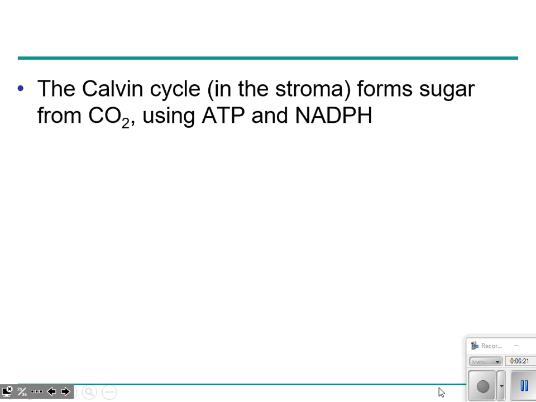Okay. So we know what ATP is. NADPH is something new. That's just an abbreviation for some big, long chemical. It's not important that you know what NADPH is, but it's an electron carrier.